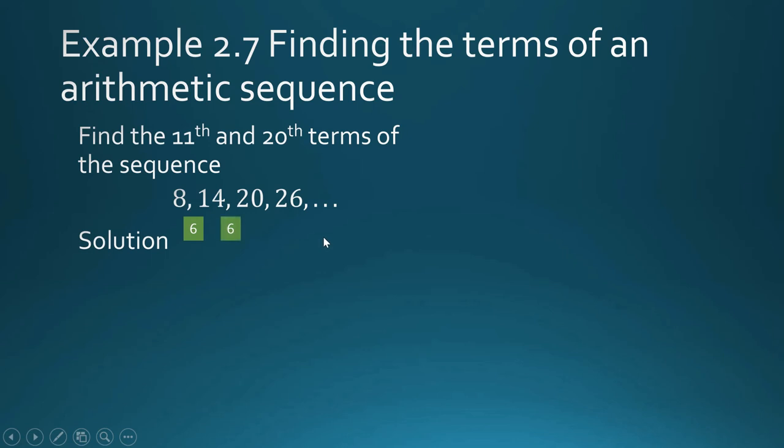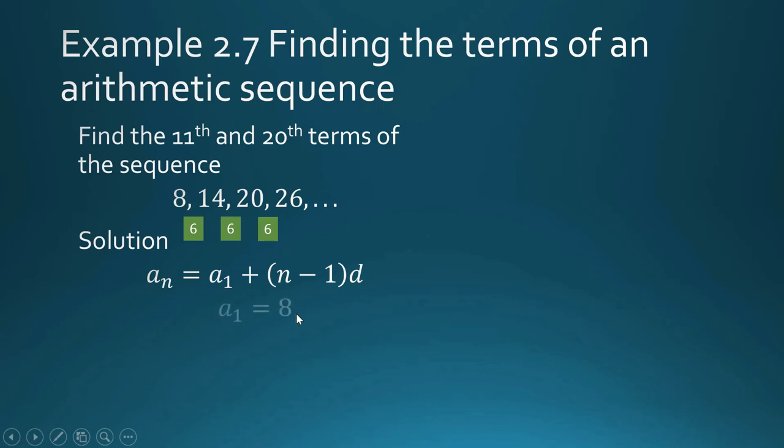Between 26 and 20, it's also 6. Okay. Although you don't have to do that. Okay, especially when you are time pressured, you don't have to do that. You just obtain the difference between one pair of consecutive terms. That's enough.